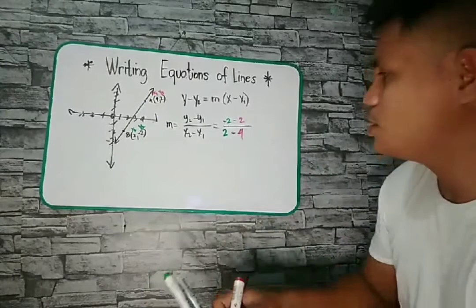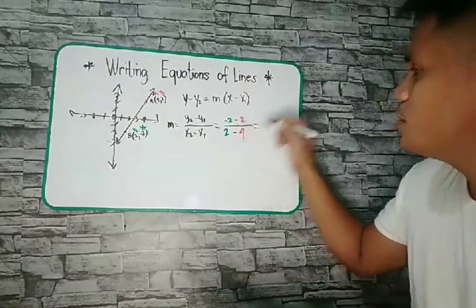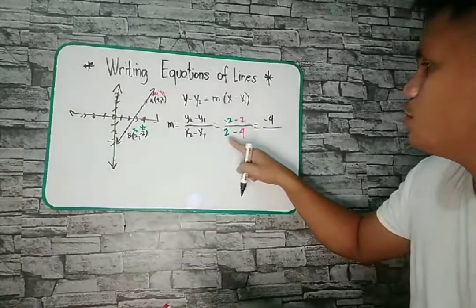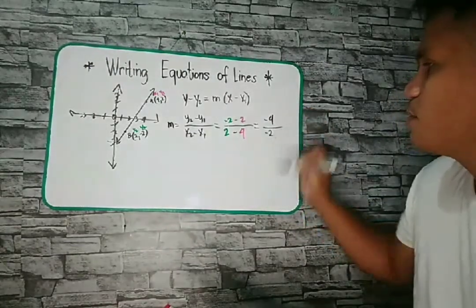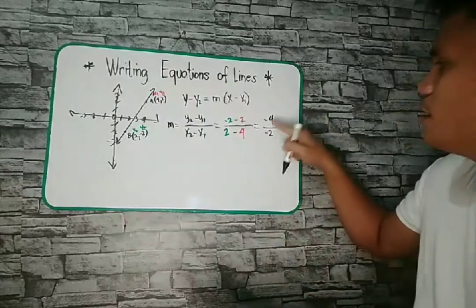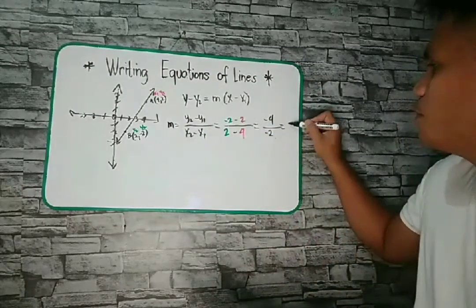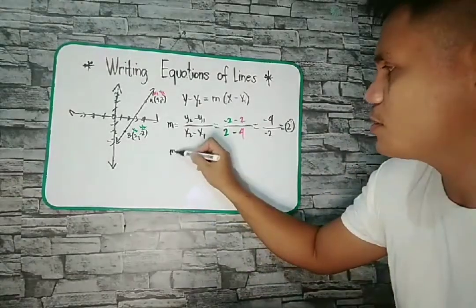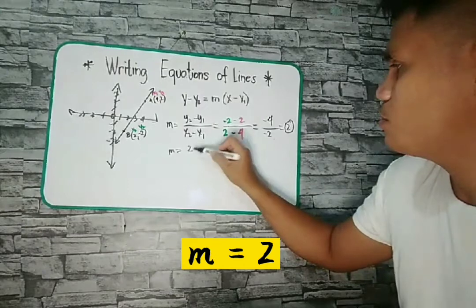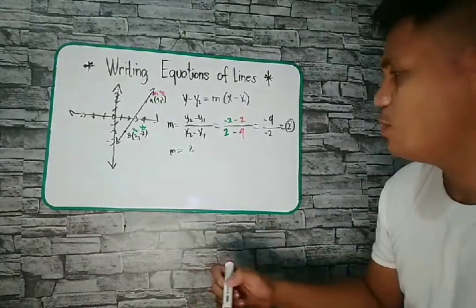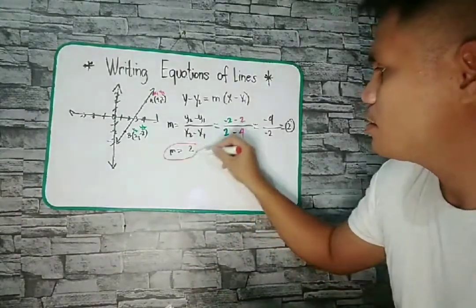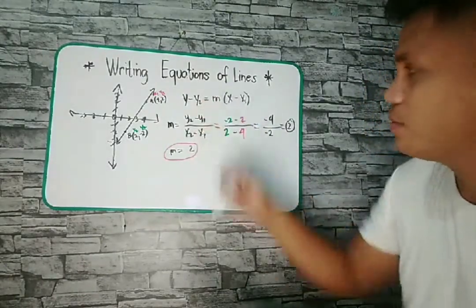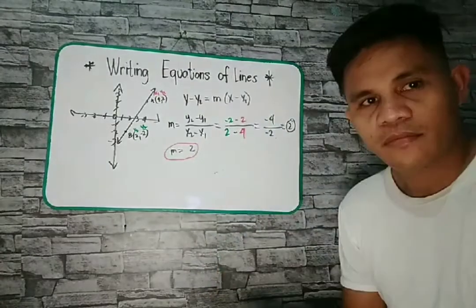Okay, so as you can see, -2 minus 2 will give you -4, and 2 minus 4 will give you -2, or -4 divided by -2, that will give you +2. Therefore, our slope is +2. So we already got the value for m, meaning to say we can use the formula now. We can proceed to the given formula.